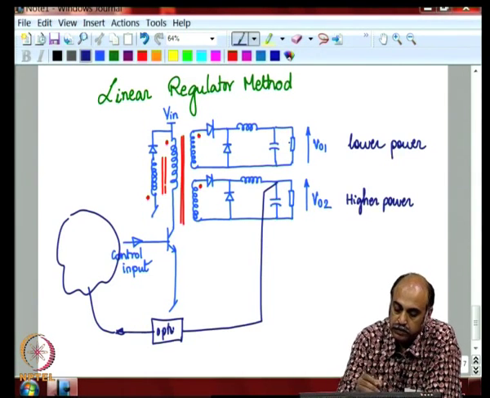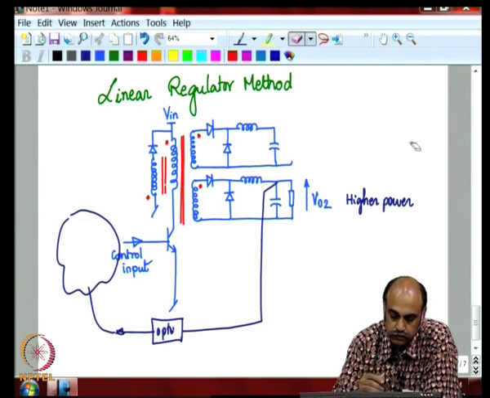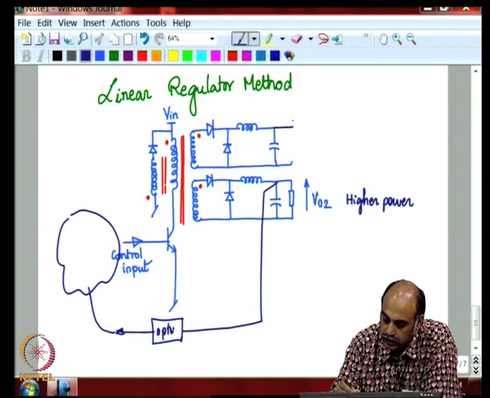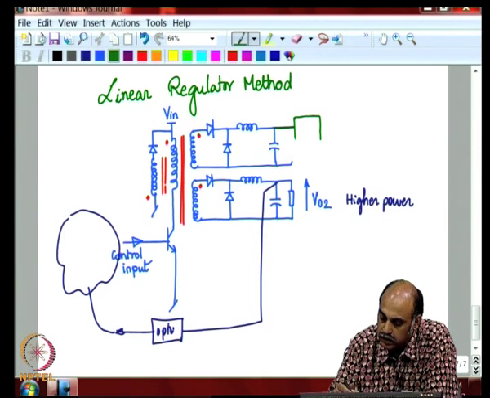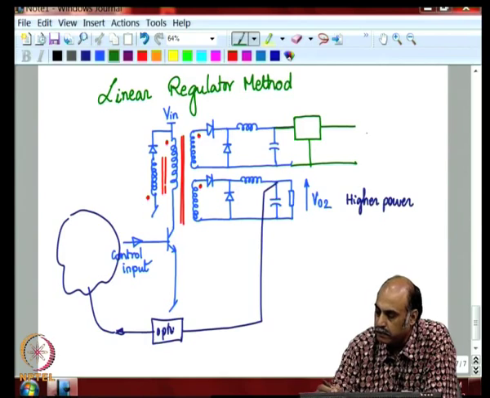For the lower power, let us do a local regulation with a linear regulator. You put a 3-pin fixed linear regulator, and then give it to the load.